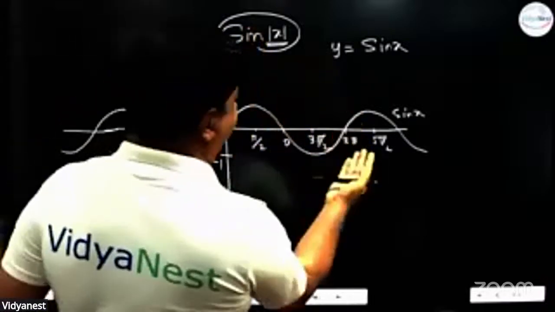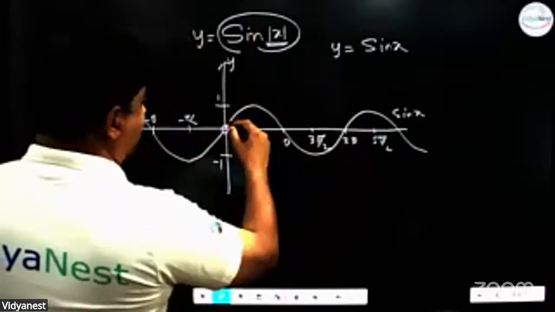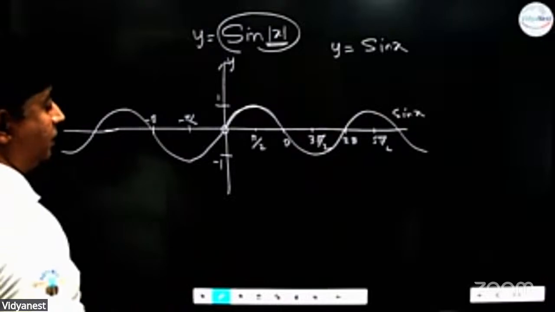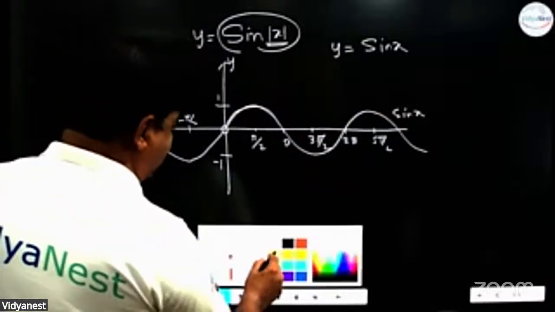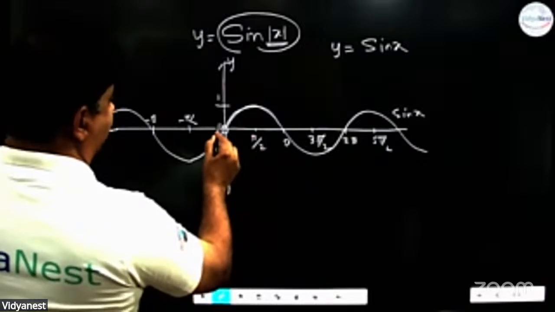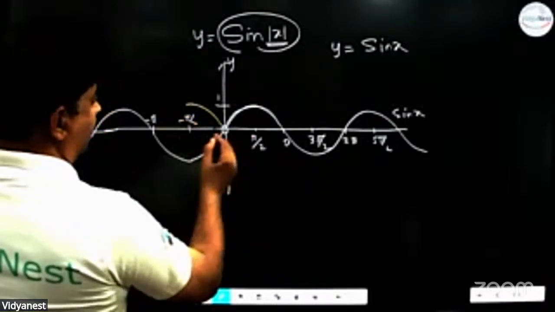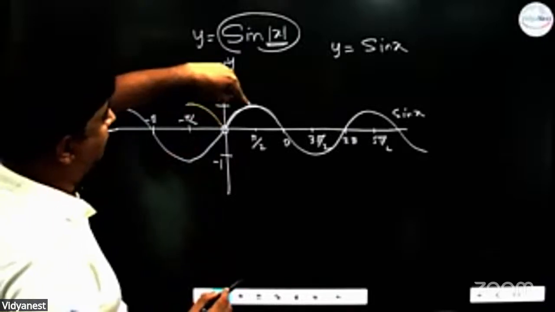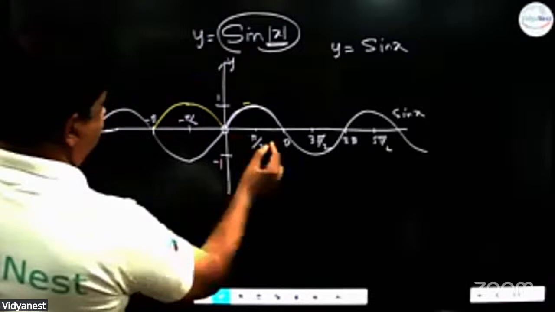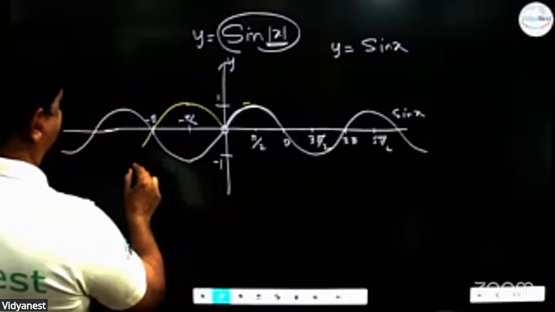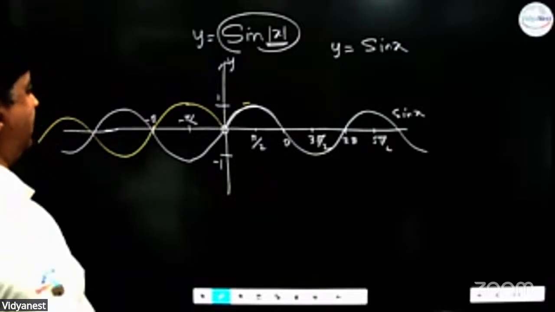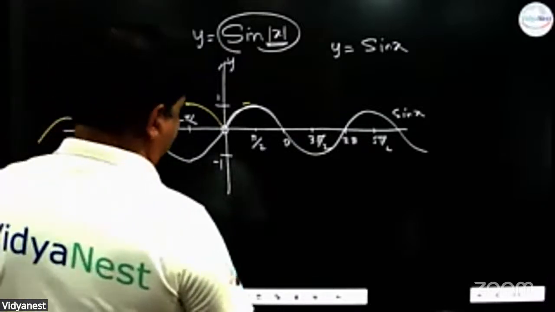Then what will happen? This part's image will be drawn here. So what will be the image? You follow. See, it will be like this. This part's image, this. This part's image, this. The figure will be like this. Understand? Yes. This is sine mod x. Okay?